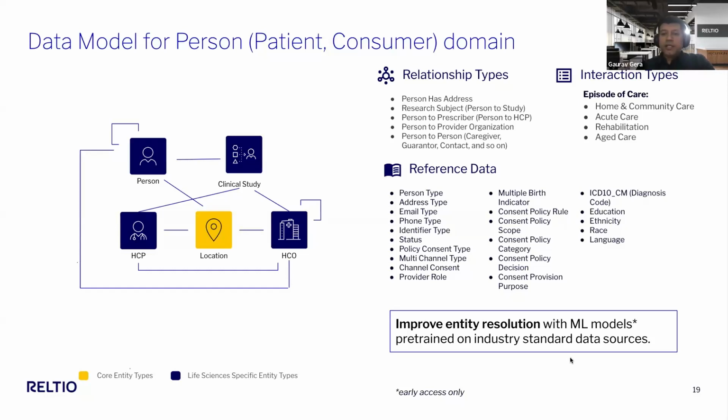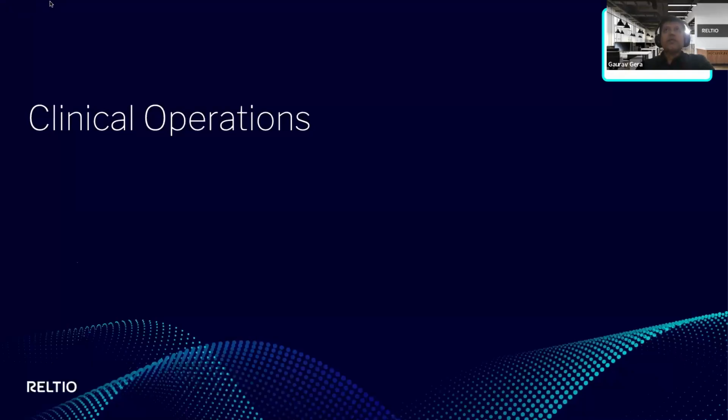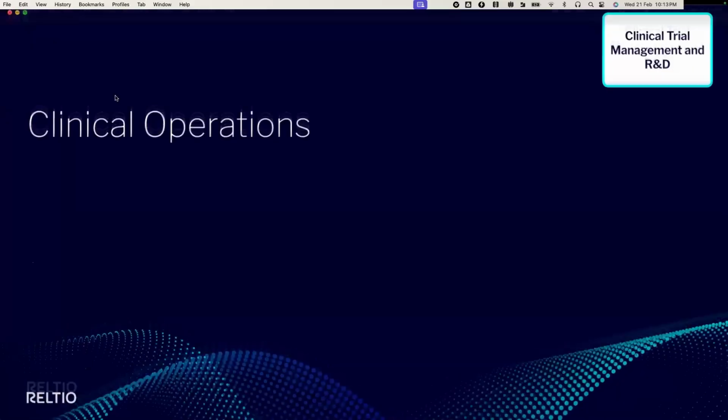This is still in the EA phase right now, but even for the person or patient domain, we have these machine learning models available for deduplication of data. Hopefully this all made sense. I can quickly show them.